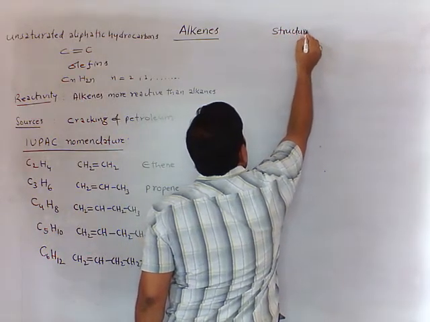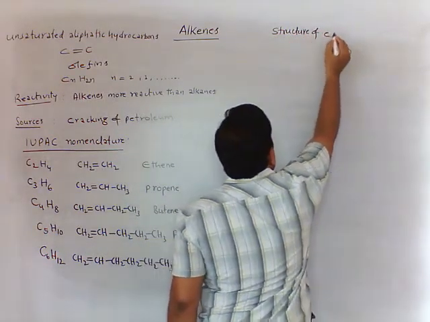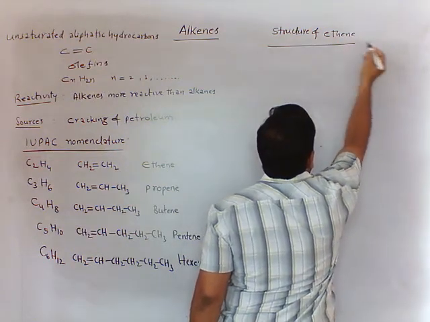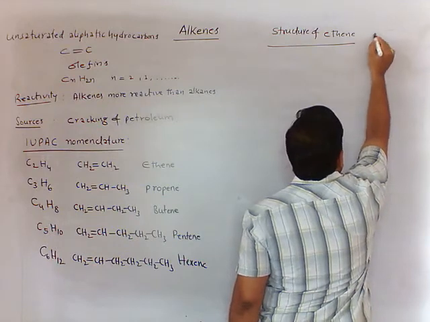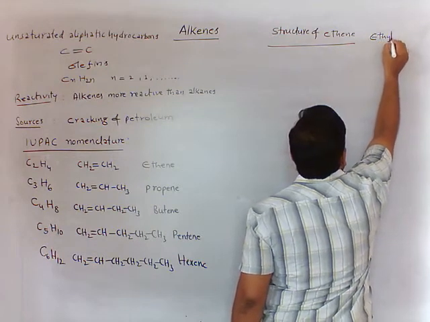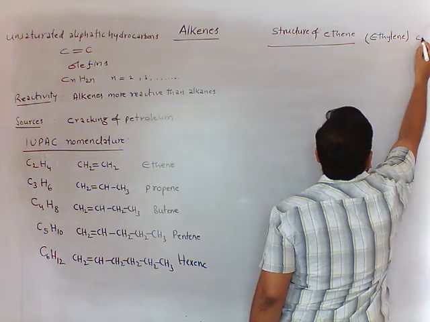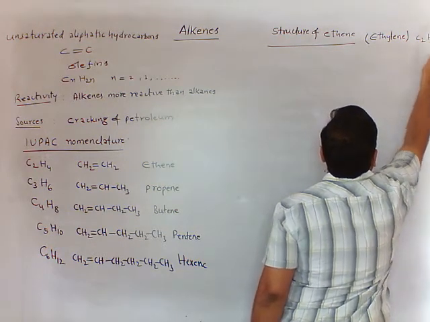Now, structure of ethene or ethylene. Ethene is also called as ethylene. Its formula C2H4.